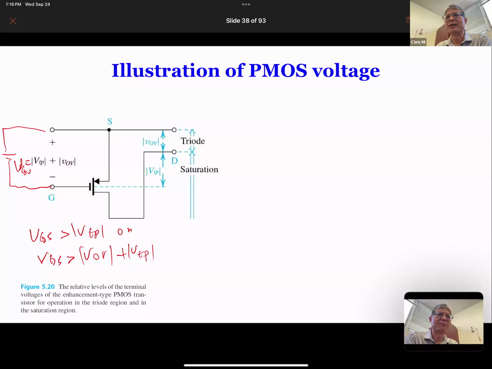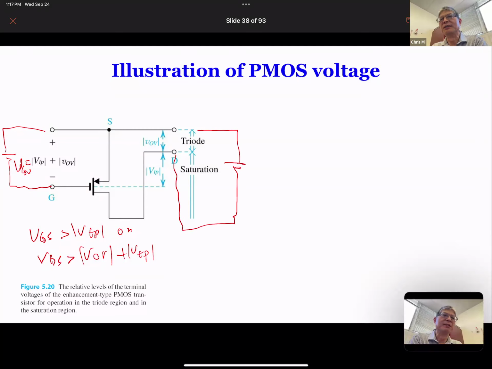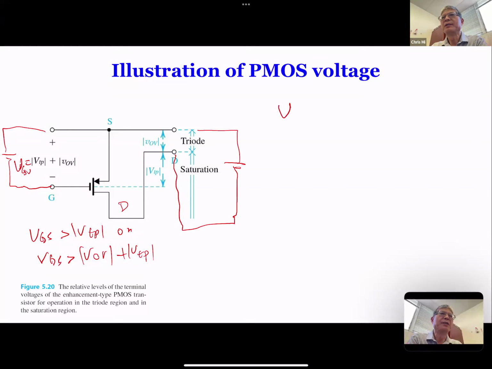starts to conduct, but whether it's in triode or in saturation is going to be decided by the voltage applied between source and drain. If that source to drain voltage is less than VOV, which is the top region you can see over here, it's going to be in the triode mode.